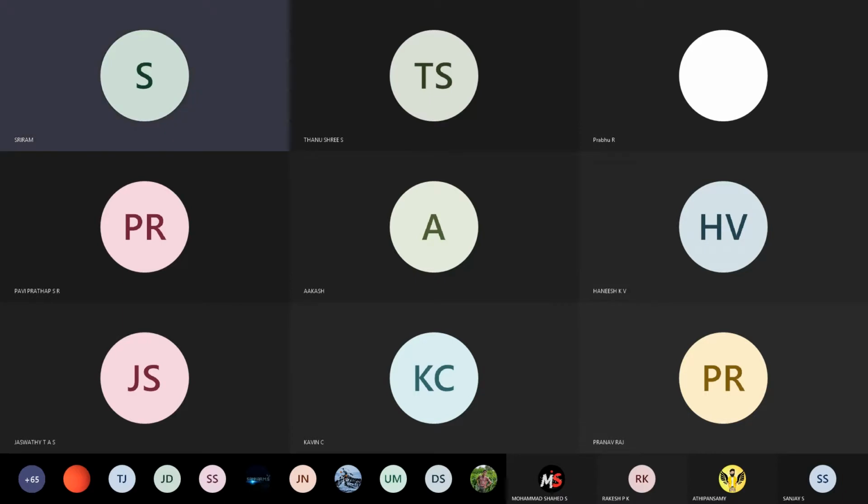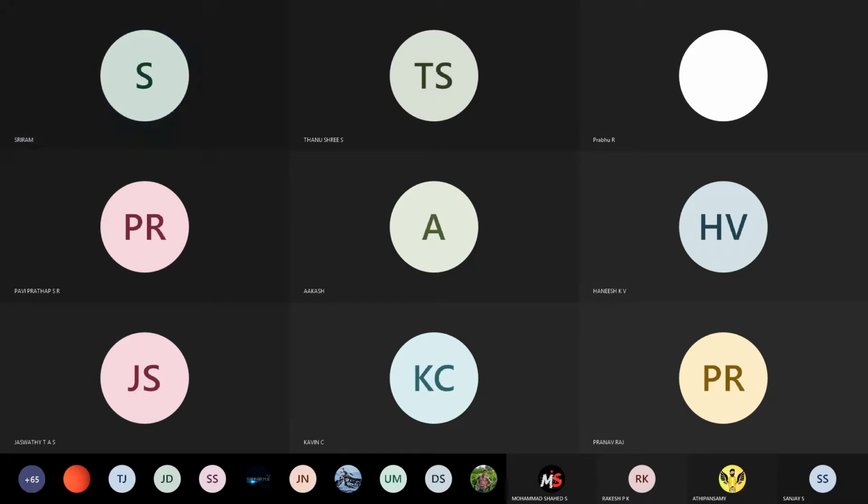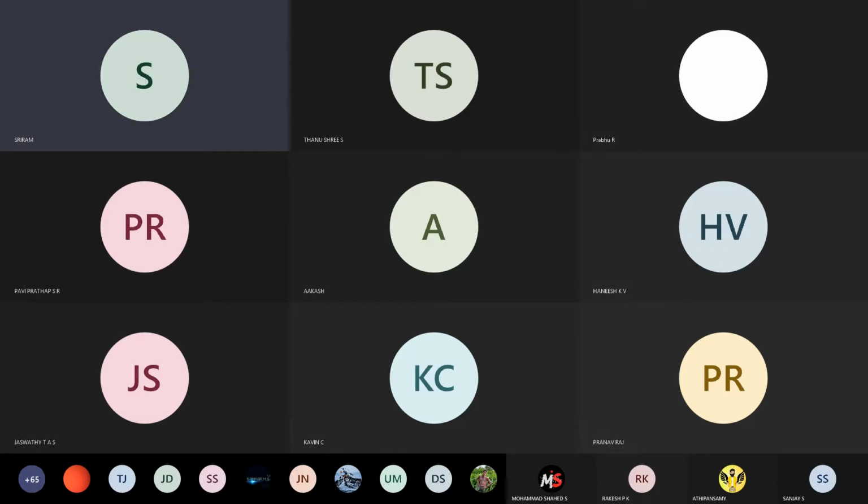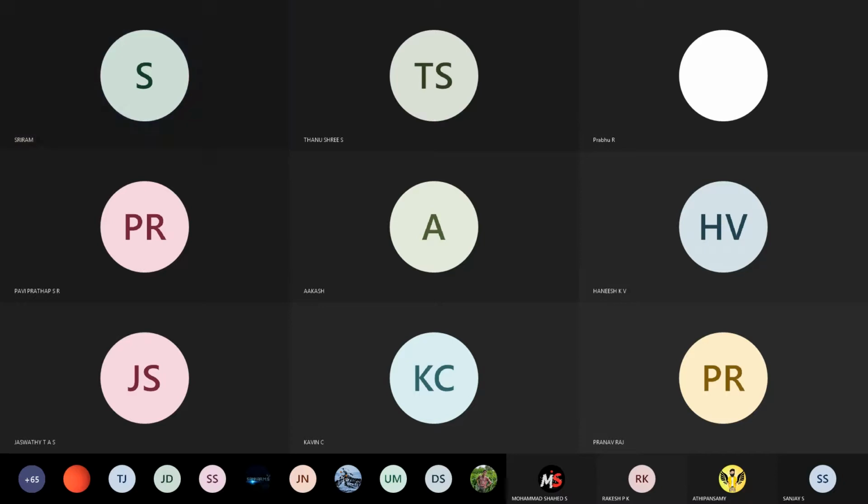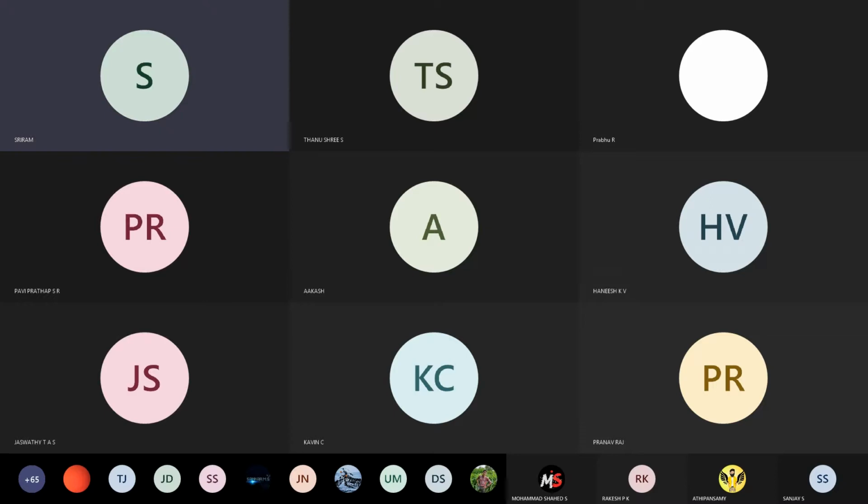Already you know converting into radians. So here 121 by 3 degrees.